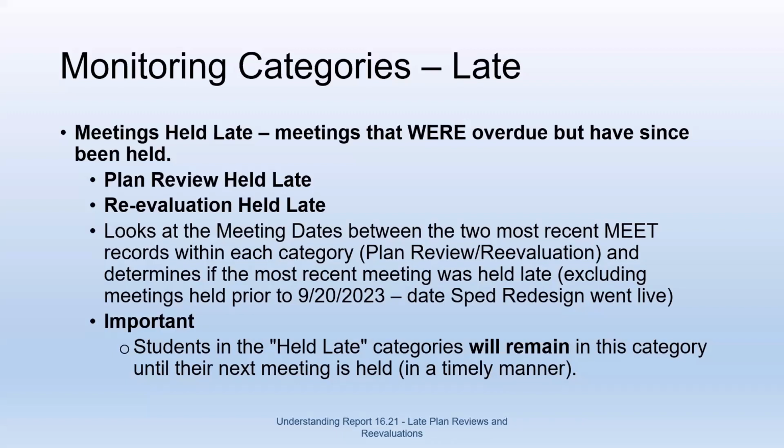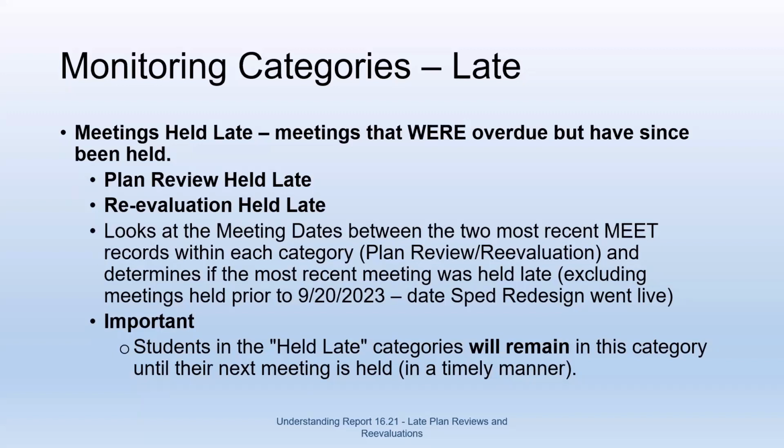So the logic into putting students into these categories is it basically looks at the meeting dates between the two most recent records within each category. So it's going to look at the two most recent plan review records or the two most recent reevaluation records, and it determines if the most recent meeting was held late. Okay, one caveat is that this is excluding meetings held prior to September 20th, 2023.